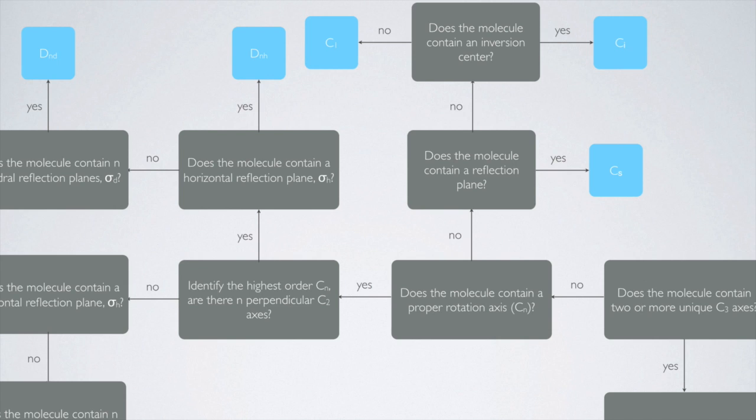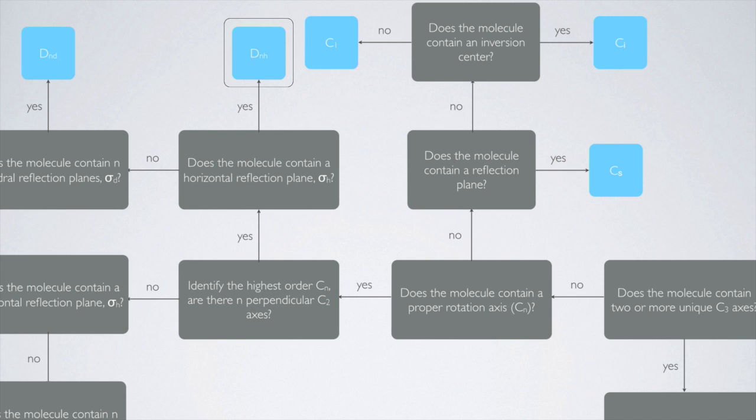So we need then to identify the highest order axis and establish whether there are other axes perpendicular to that. And we can go up because the answer is that we've established the highest order axis, and the molecule does contain a mirror plane perpendicular to that axis because it's a C3 and we've got a sigma H perpendicular to it.